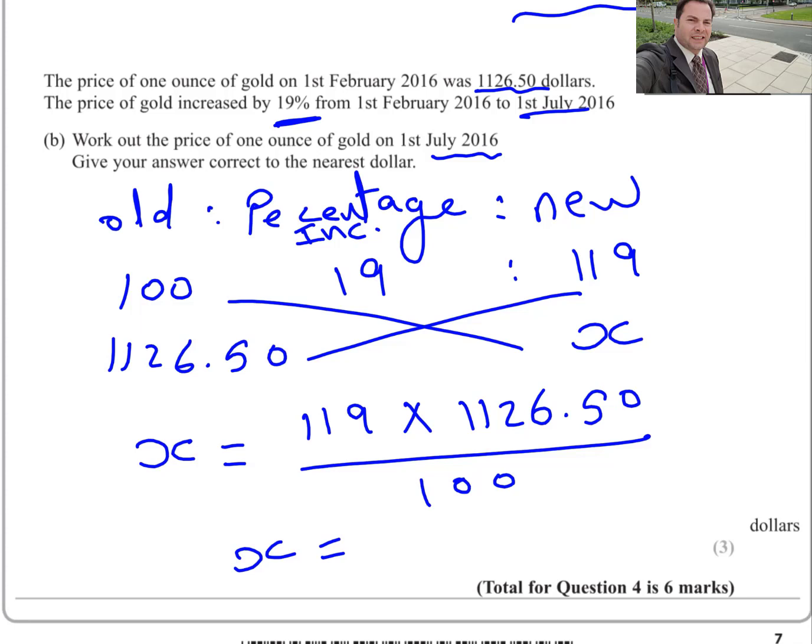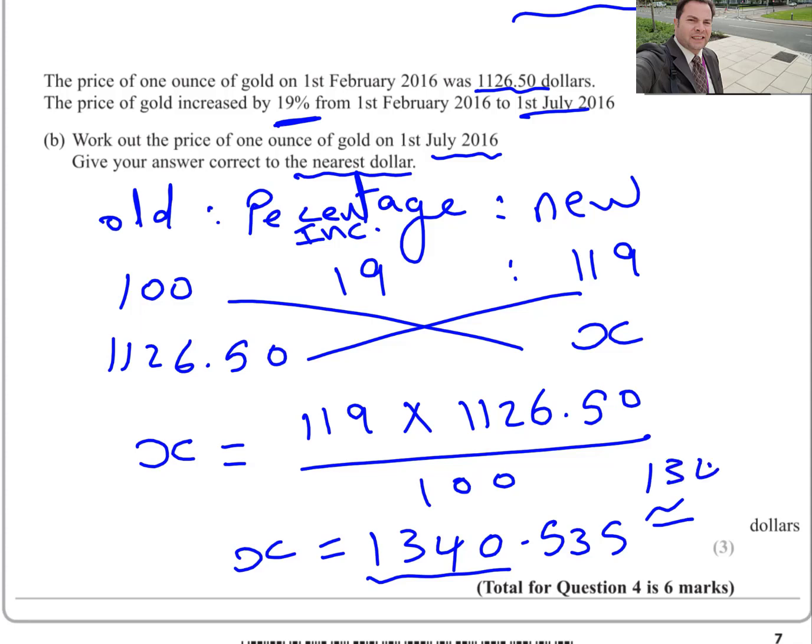By using the calculator, the answer is 1,340.535. He asked to write your answer correct to the nearest dollar, which means to the nearest whole number. 5 adds 1 to the 0, so the final answer is 1,341.